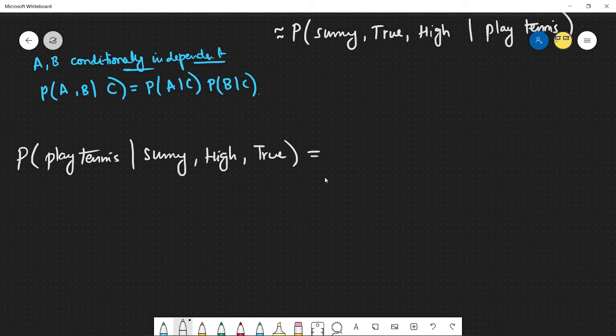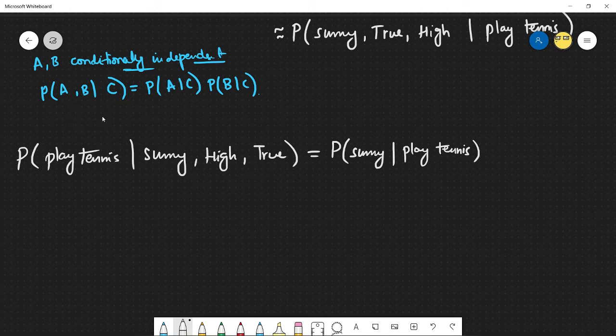Instead, it's just going to be a product. It's just going to be the probability that it is sunny given I play tennis.